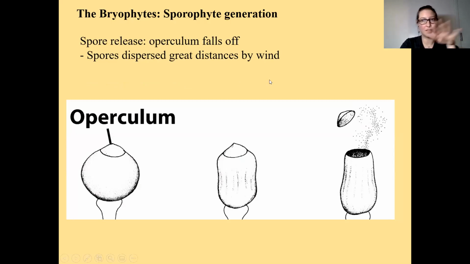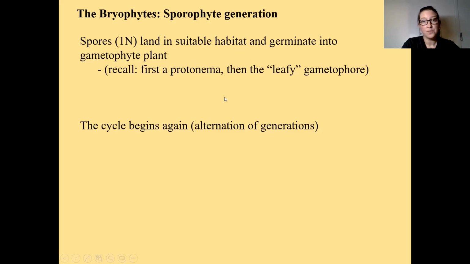Since there are no flowers or anything here, there's no butterfly showing up or anything like that. It is just literally the capsule opens, the spores come out, and wind blows them away. Eventually a spore will land somewhere, and then that spore will grow into the gametophyte plant. And then that whole thing starts over again.